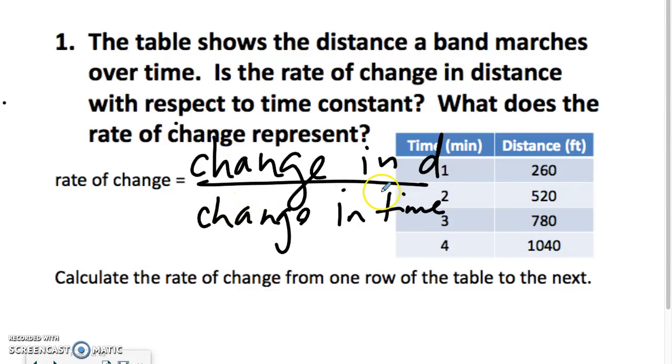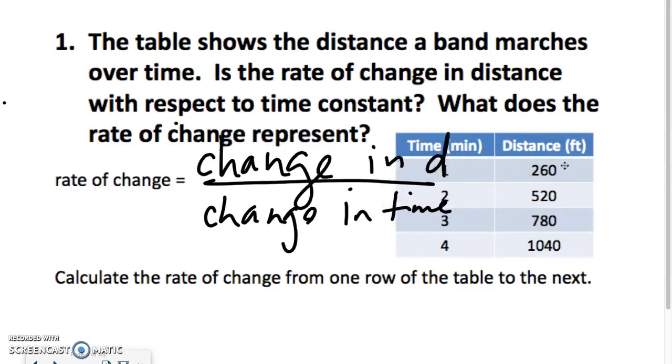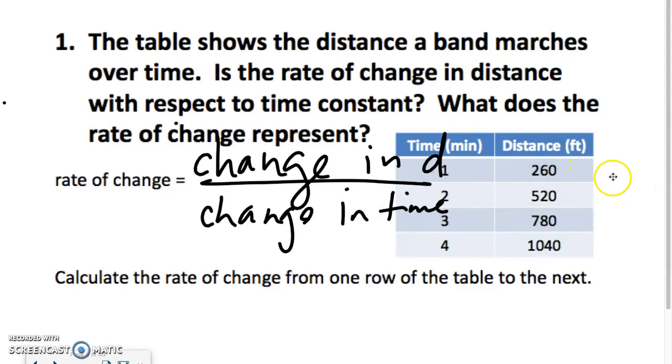Okay, so if you look at our table, as each minute increases, when they march for 1 minute, they cover 260 feet. When they march for 2 minutes, they cover 520 feet, 3 minutes, 780, and so forth. So what's the distance increase each time a minute passes? Think about it.